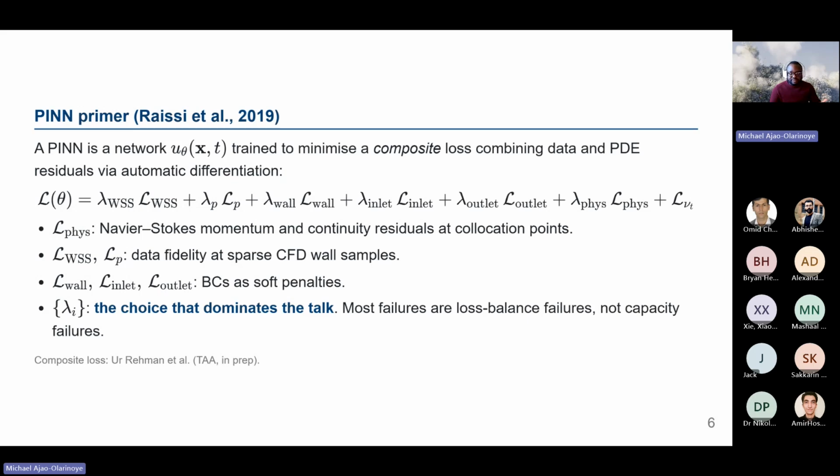So things like your inlet and outlet boundary conditions, things that we use to create data in that instance. Now, how do we then balance these losses? This is what the talk I'm about to give today is going to show you.